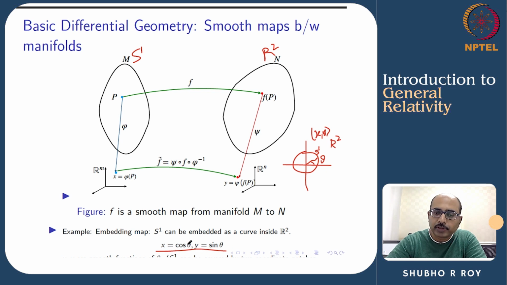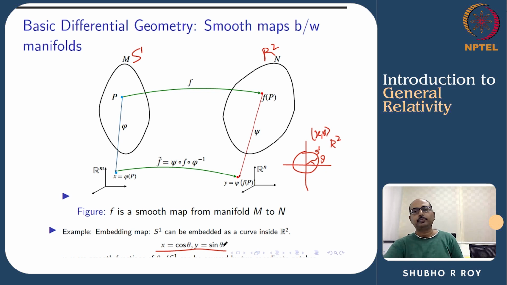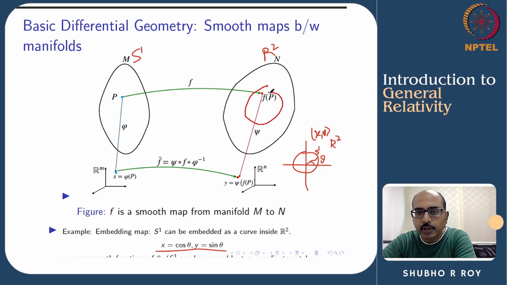So these are smooth functions. Cos theta is a smooth function. It's infinitely differentiable. And sin theta is also a smooth function. Infinitely differentiable, right? In the interval 0 to twice pi. So this embedding map is a smooth map, which maps S1 into a surface in R2. Okay? So this is one example.